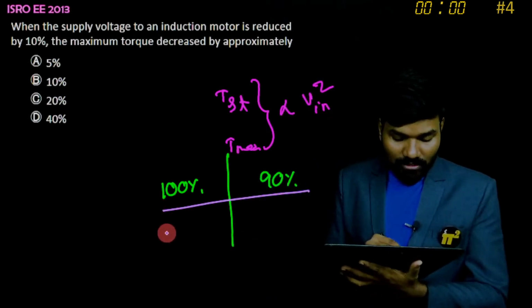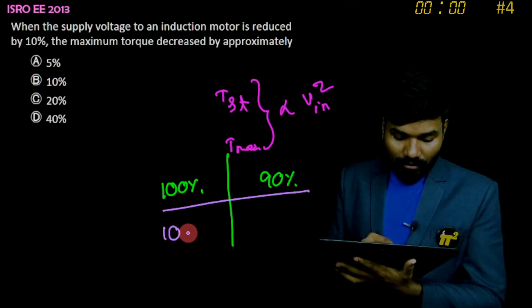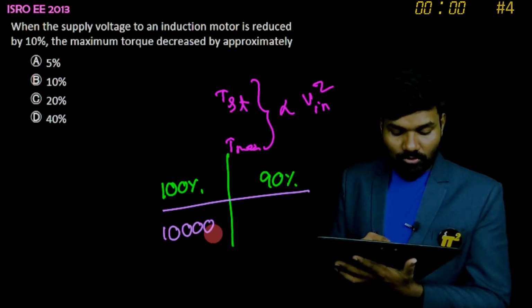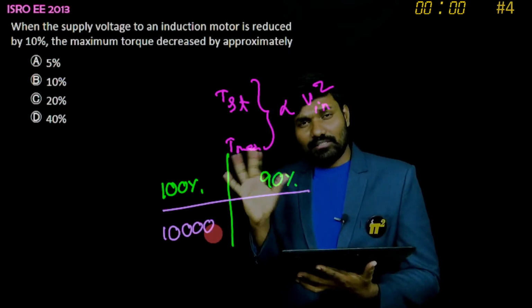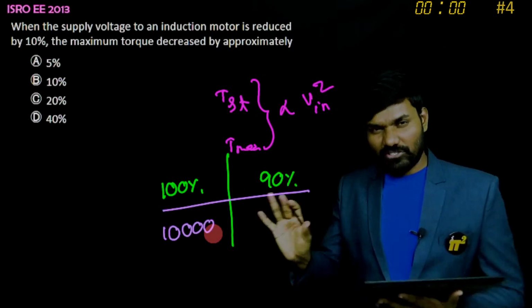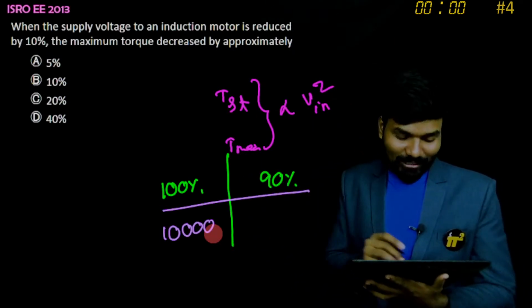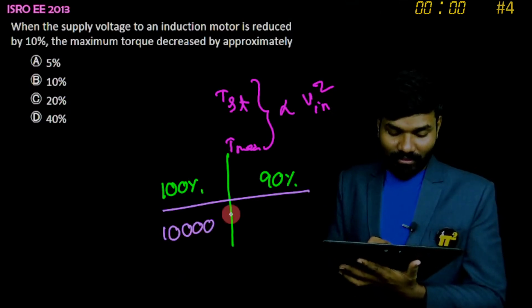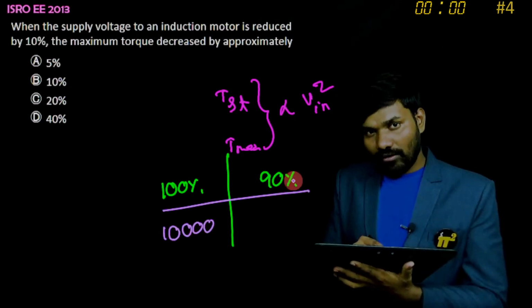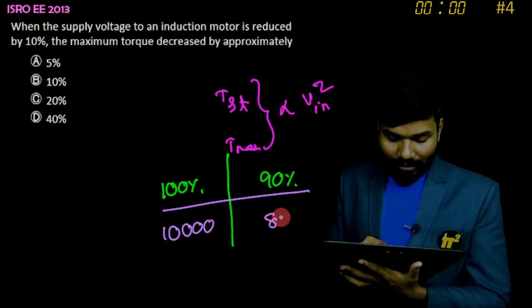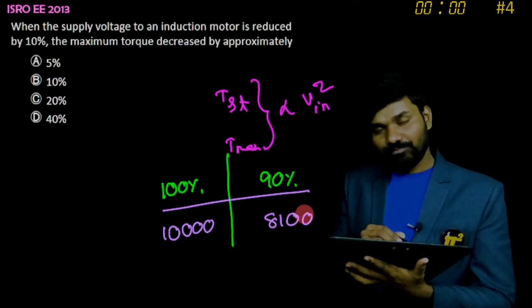So earlier the torque was 100 into 100, it is 10,000. Let's say 10,000 Newton meter for the sake of simplicity. 10,000 Newton meter is huge torque, but for the sake of simplicity, I'm taking this. And 90 square is 8100.